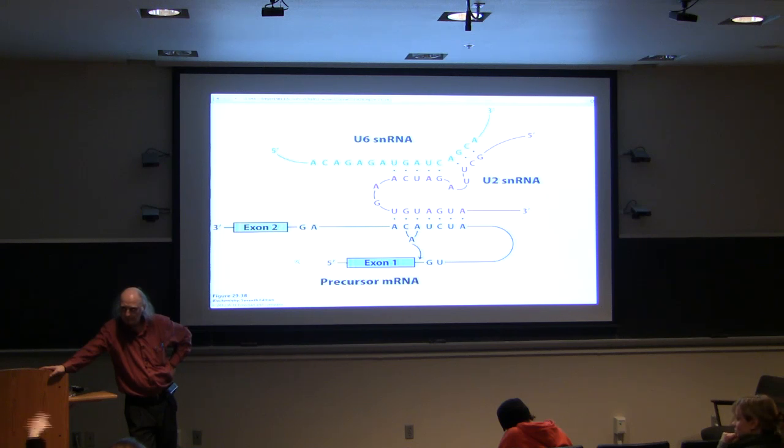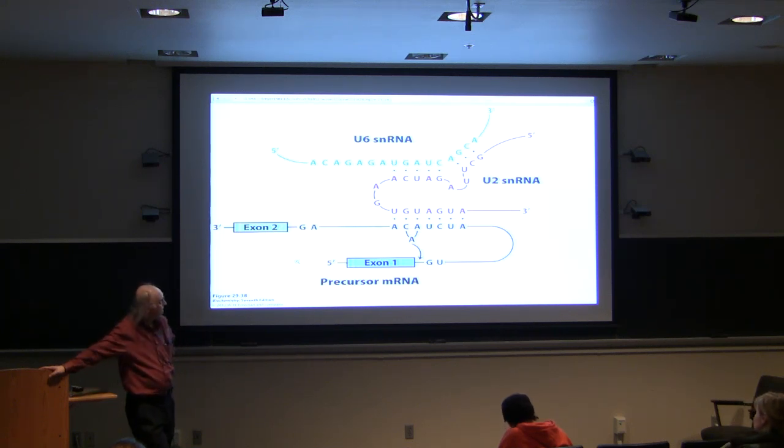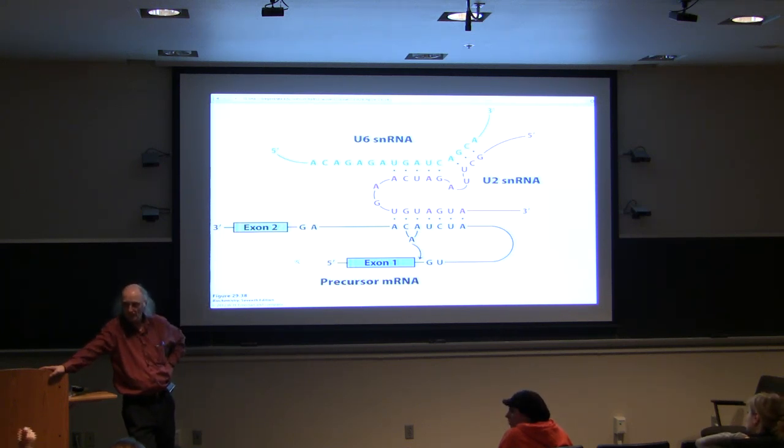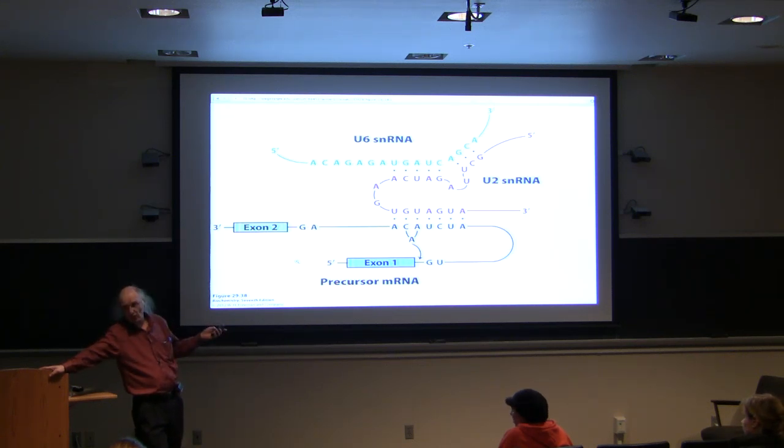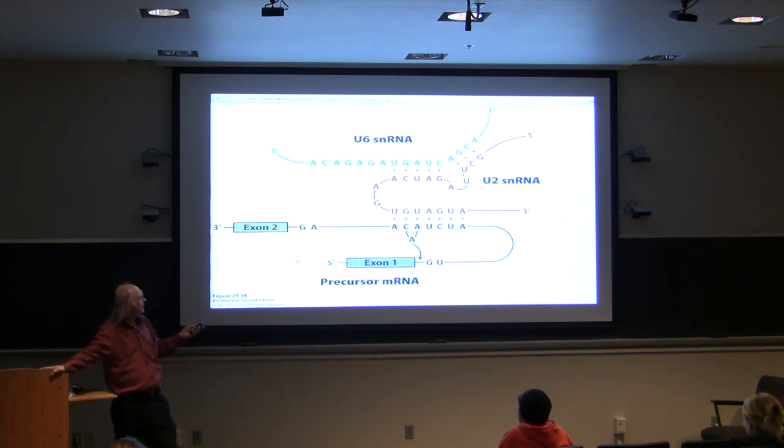Sorry, how does the snRNA do that? Does it just create that A and it attacks it? Well, there are several snRNAs. So that's why I say this is a simplification of the process. I think there's 4 or 5 snRNAs involved in the overall spliceosome, and they each have their individual functions.